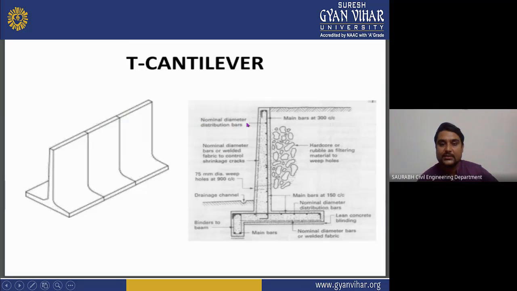As you can see, nominal diameter distributed bars are provided on the backside of the T cantilever retaining wall, and nominal diameter bars or welded fabric to control shrinkage cracks are also provided here, and 75 mm diameter V-joints at 900 mm center to center are also provided here.